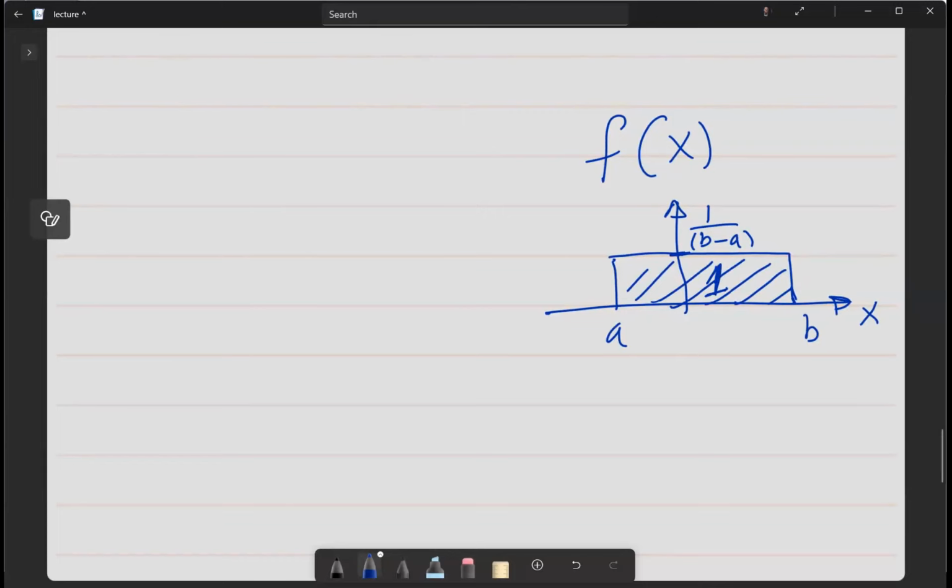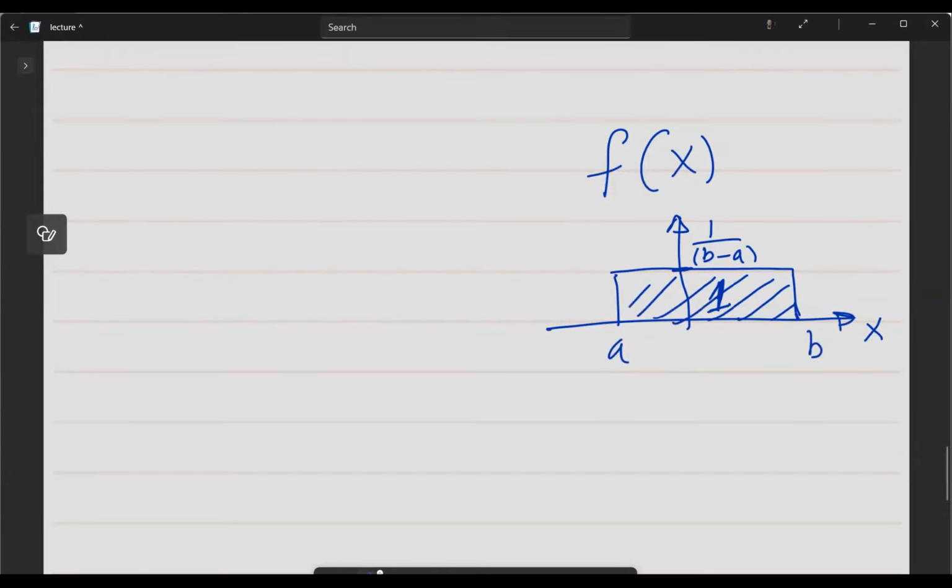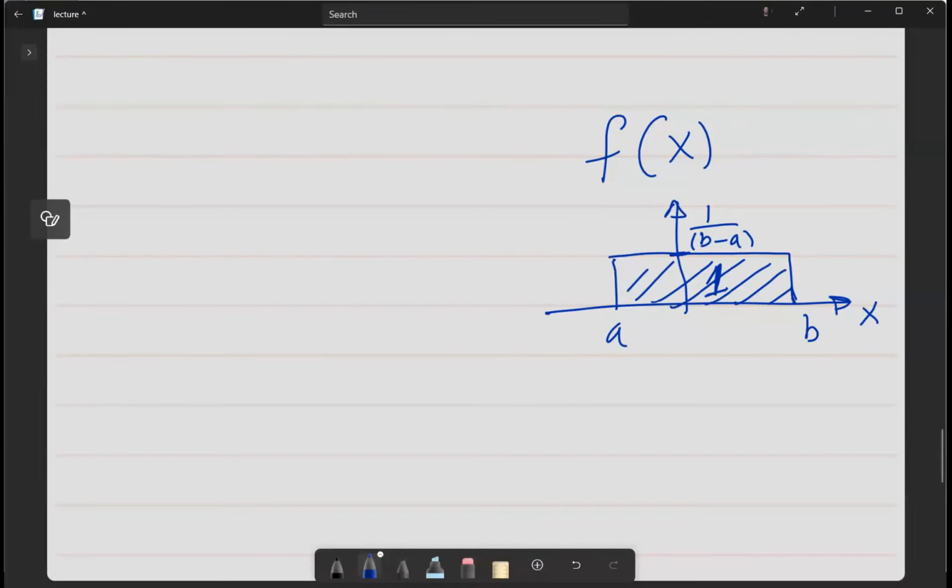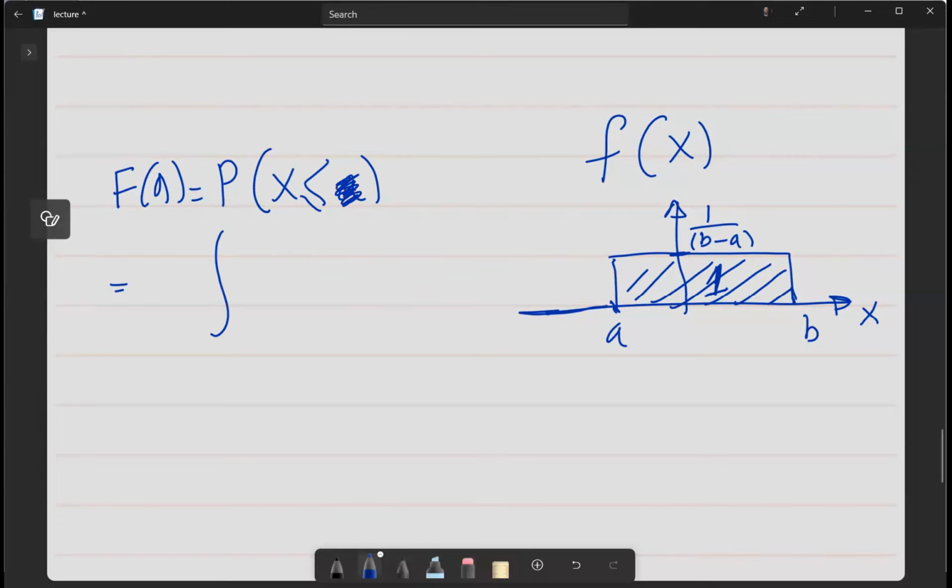If I asked you, what is the CDF for this probability density function? Simply you will say that the CDF F at a equals the probability that x is less than or equal to a, and this will be the integration. We take it from minus infinity, but we don't have to go to minus infinity because it is already 0. Let us use x0 instead of a, because a is already used here.